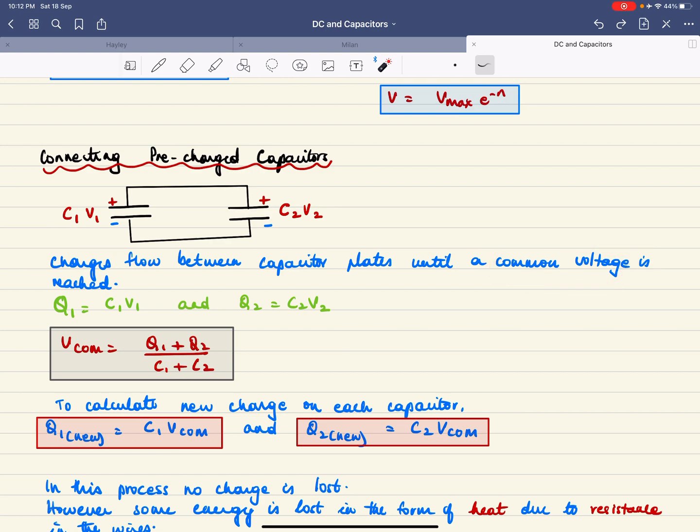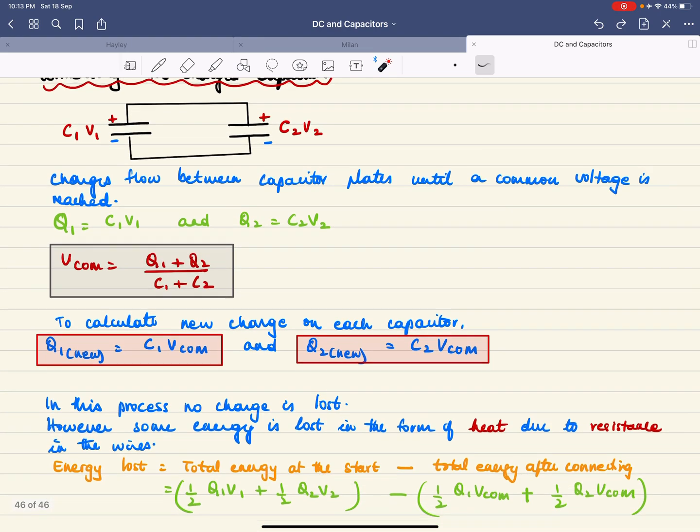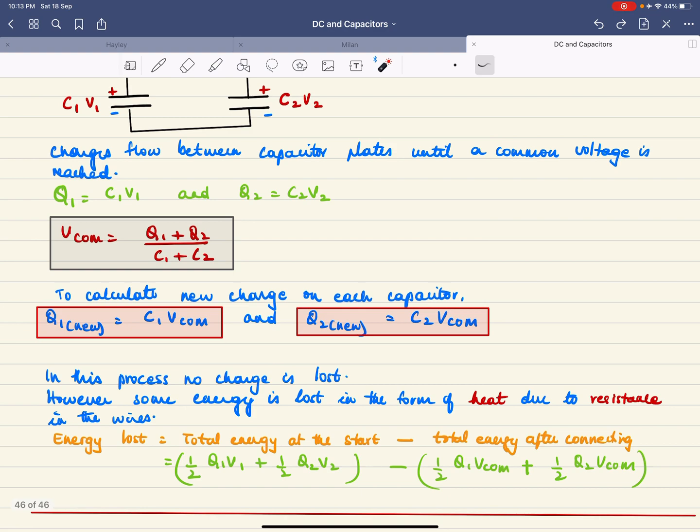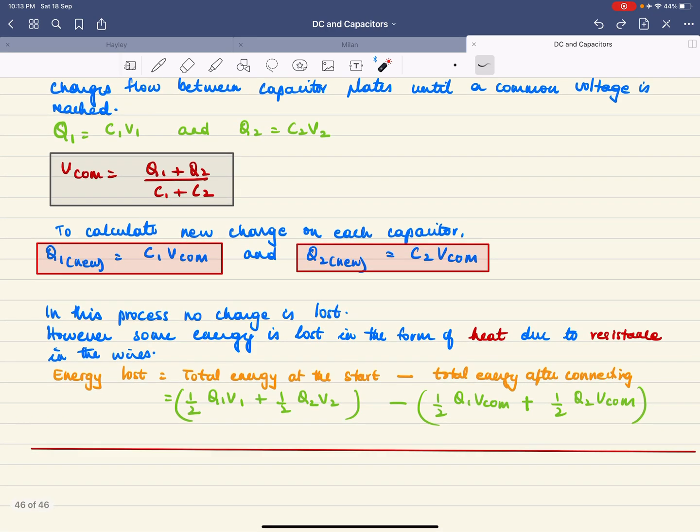So what you need to do first of all is find the charge on each capacitor, and then you find the common voltage by doing total charge divided by total capacitance. And in order to calculate the new charge on each capacitor, the capacitance doesn't change, but the voltage has changed. So that's how you get that. And the thing to remember is that in this process, there's no charge loss, so you can account for every charge. However, some energy is lost in the form of heat due to resistance in the wires.